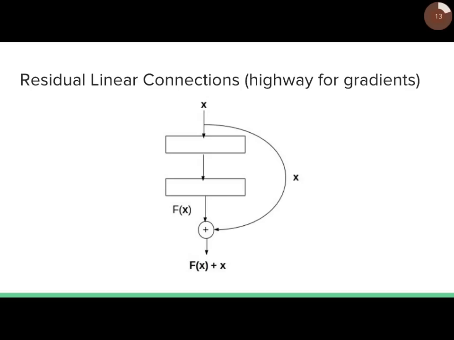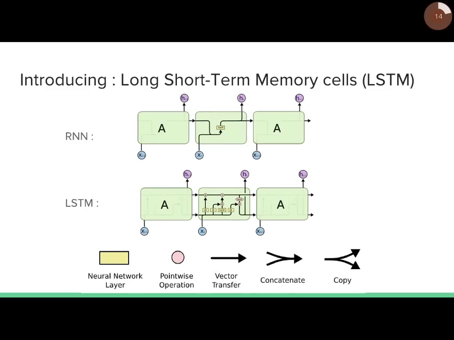We want a solution. So there are residual linear connections, or skip connections, highway, so the gradients flow more easily. Then we introduce the LSTM cell, the long short-term memory cell, which is an improvement on vanilla recurrent neural networks. So we introduce many other layers.